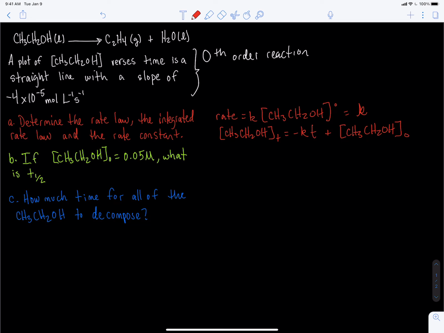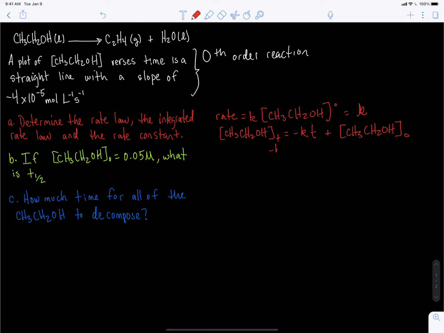And then finally, it's asking what the rate constant is. The integrated rate law is written out in the form of a line. It's y equals mx plus b. And we see here that m is negative k. So for a 0th order reaction, the slope of the line, if we plot concentration versus time, is the negative of the rate constant.